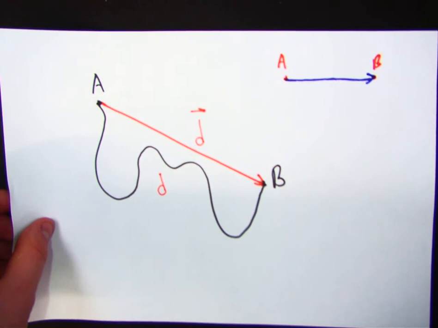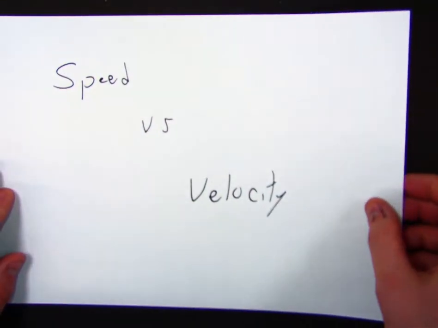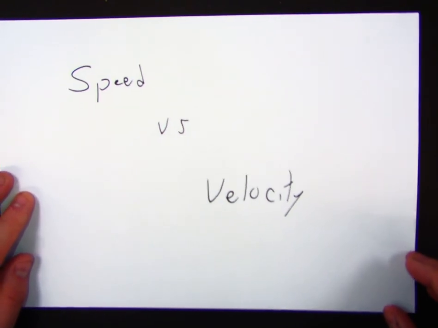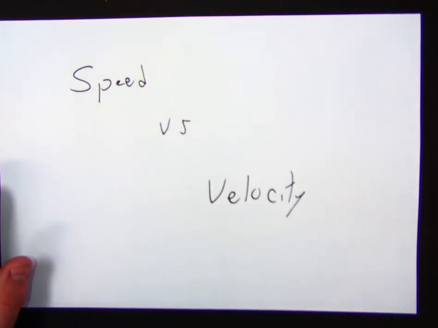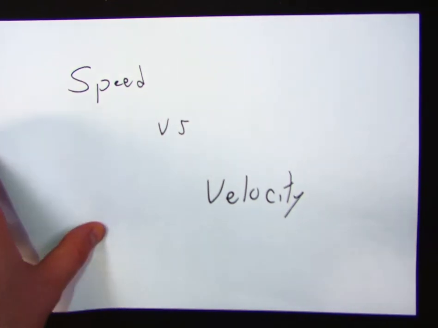Another confusing concept is sometimes called speed and velocity. Now most people have an understanding of what speed is, but velocity is a little bit different because they're not used to dealing with it in everyday life. The equations for the two are relatively the same, and they look like this.